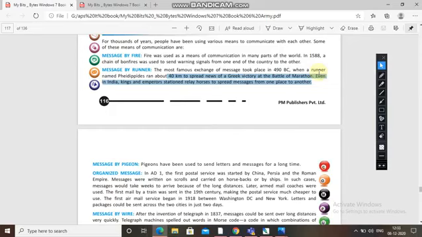In such cases, messages would take weeks to arrive because of the long distances. Because people are living far apart, or you are sending the message a long distance, it takes time. But the first postal service was started by these three, that is the Roman Empire, Persia and China.